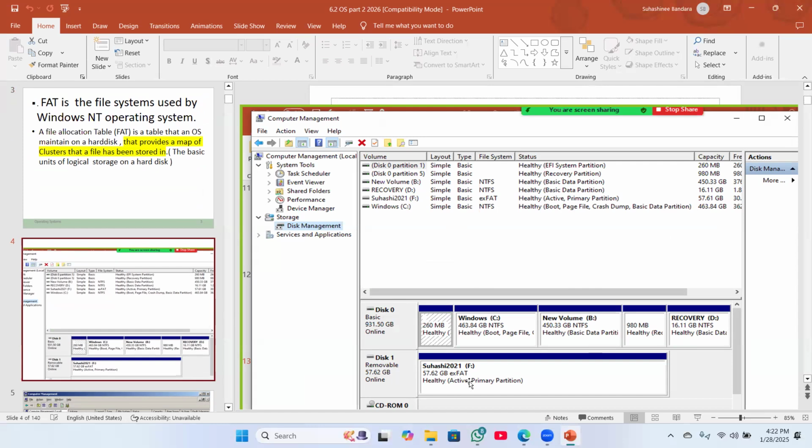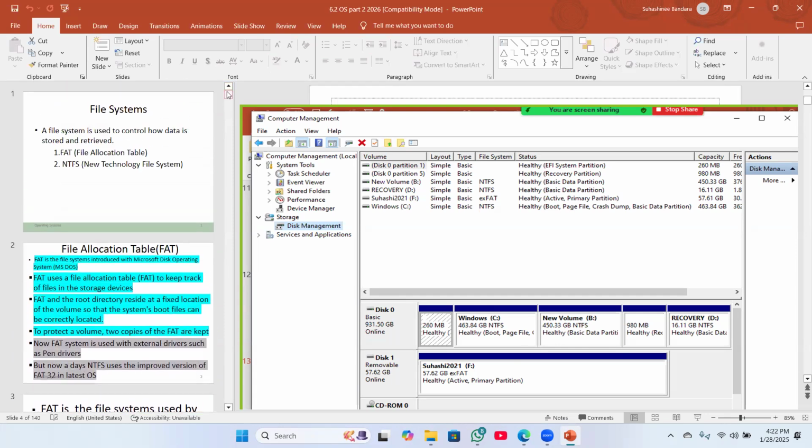This FAT32 comes with the pen drives, but the hard disk locations and capacities come with the NTFS file allocation. So those two methods we use in the machine to store data.